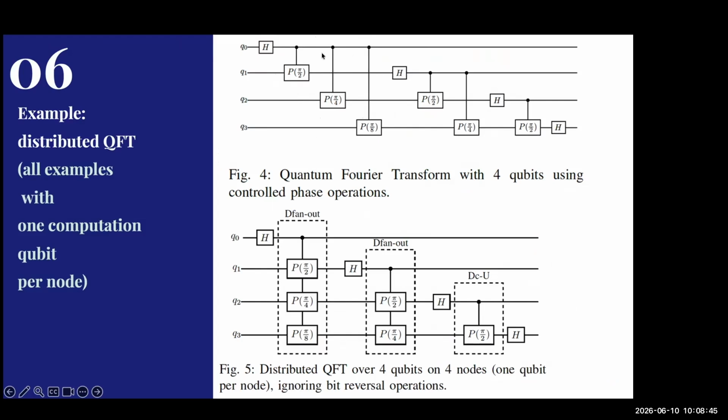These three phase gates, P(pi/2), P(pi/4), P(pi/8), can collapse into one D fan out operation, and then P(pi/2), P(pi/4), the next one, the one after the Hadamard operations, is also a D fan out. And this is, if you like, the simplest version of D fan out, which is actually a DCNOT operation, a DCU operation. So you can see that you can use D fan out here for distributed QFT.